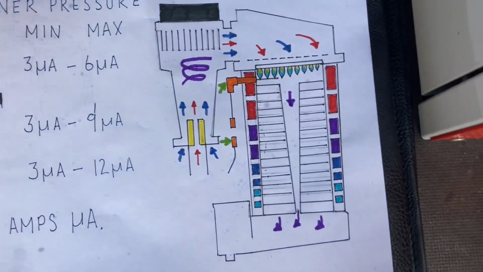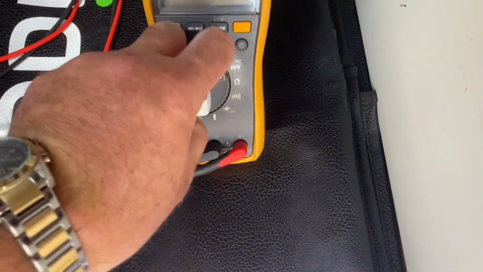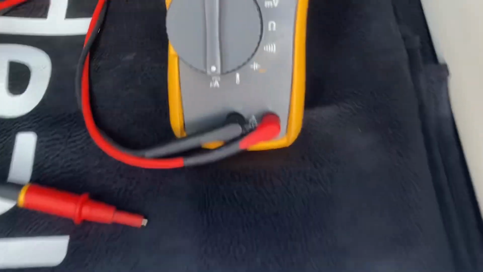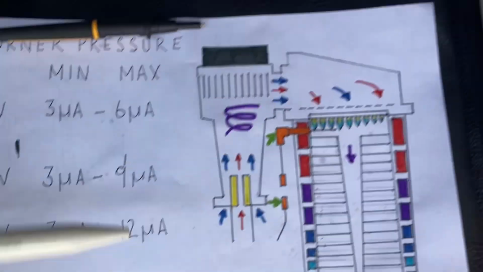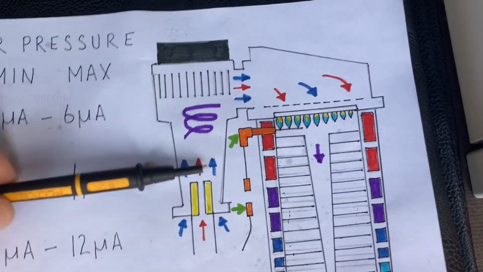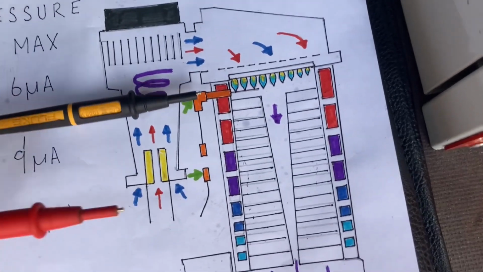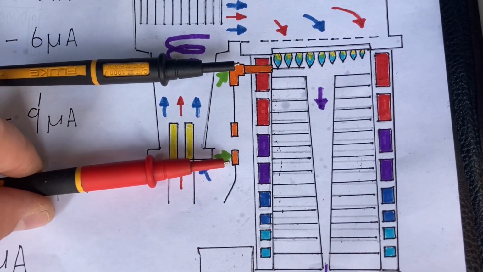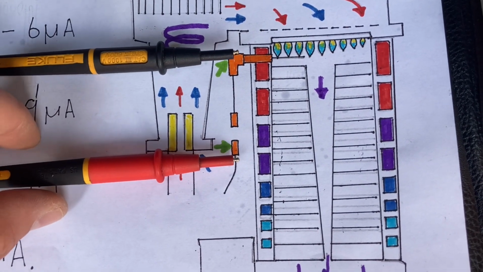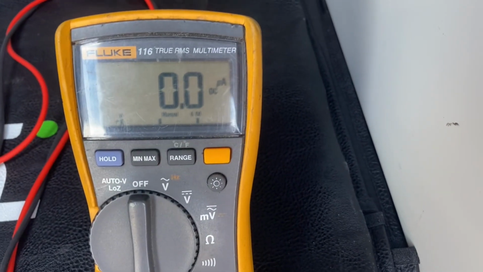I'm not going to go over it again, but pretty much all you do is get your multimeter, set it to microamps, which is that symbol there. You put your black probe on your multimeter there. You disconnect this lead, so there's a disconnection point. You put that one there. You fire the boiler and you measure the microamps on maximum rate.